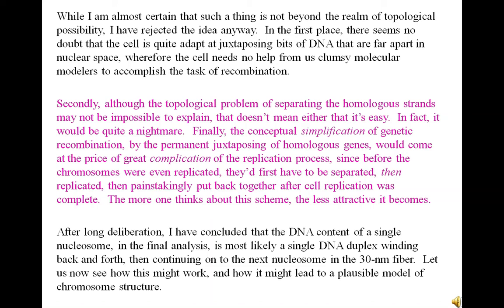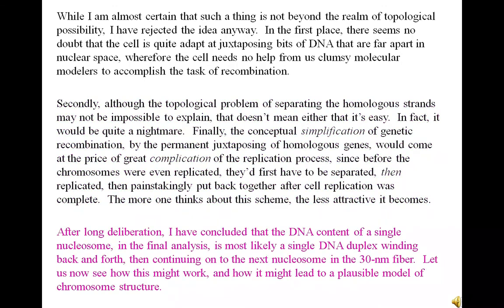Finally, the conceptual simplification of genetic recombination by the permanent juxtaposing of homologous genes would come at the price of great complication of the replication process, since before the chromosomes were even replicated, they'd first have to be separated, then replicated, then painstakingly put back together after cell replication was complete. The more one thinks about this scheme, the less attractive it becomes.